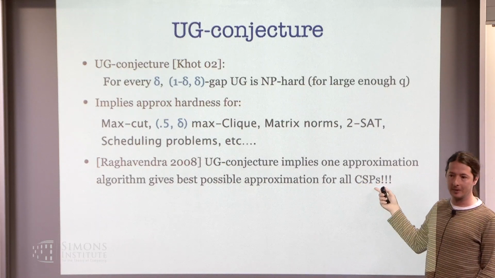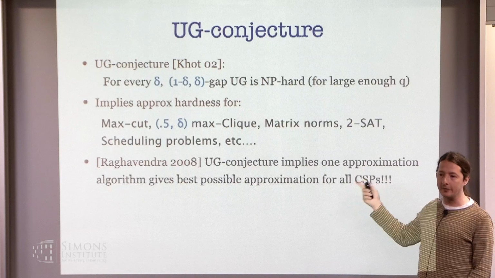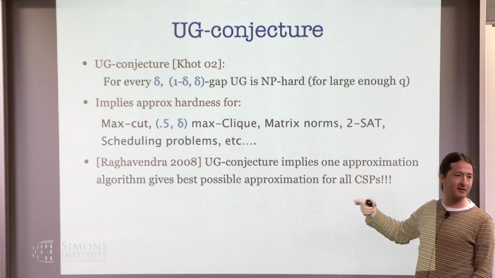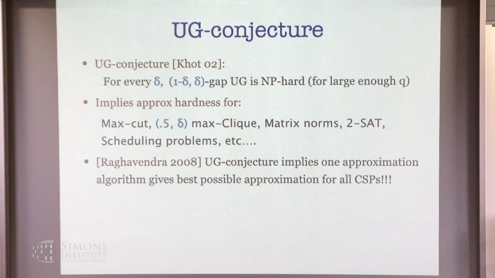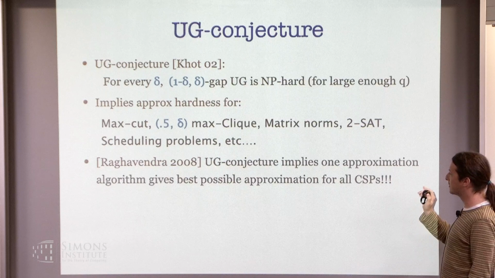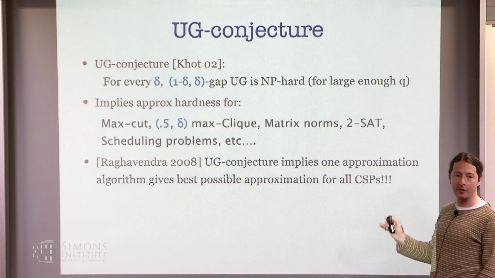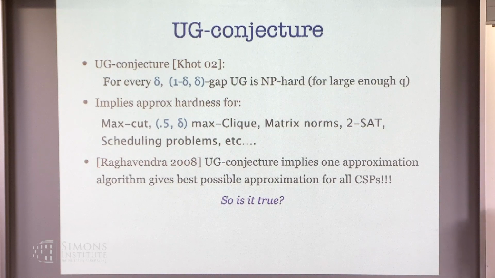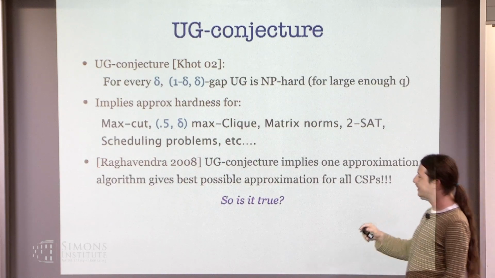That's the theorem, but it somehow holds even in the cases that it's not stated for. So it's really a meta theorem. So if the unique games conjecture is true, then approximation algorithms are done. Of course, that's not completely true, but never mind.